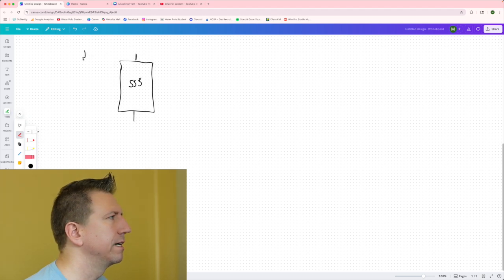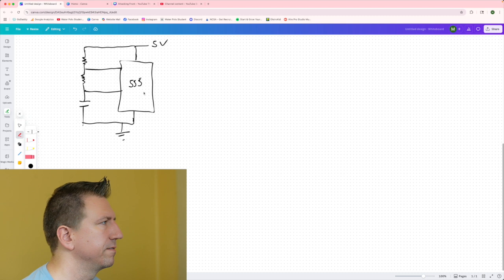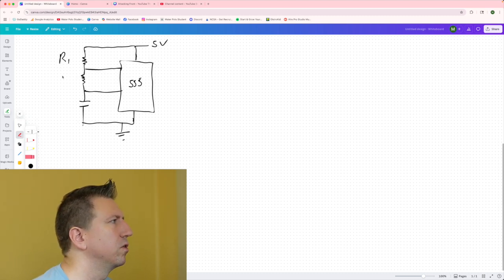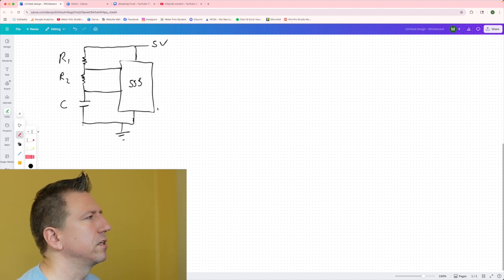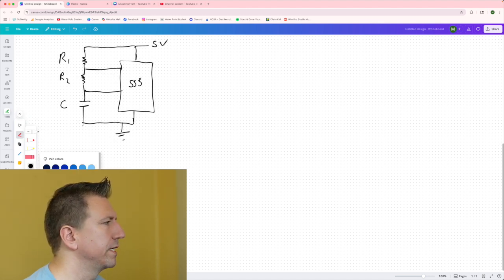So basically you have two resistors and a capacitor connected to this ground, and then here is 5 volts. Then there's going to be a connection from each of these locations into the 555 timer. We call these R1, R2, and C. So really that's all I want you to know right now.